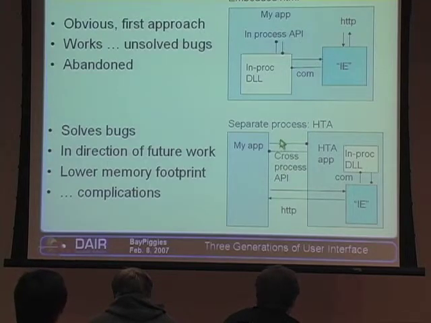And there's two separate processes here. There's my application, communicating with a separate process, which has its own in-process DLL, the Internet Explorer. I talk again to the HTML through HTTP and use a cross-process API.